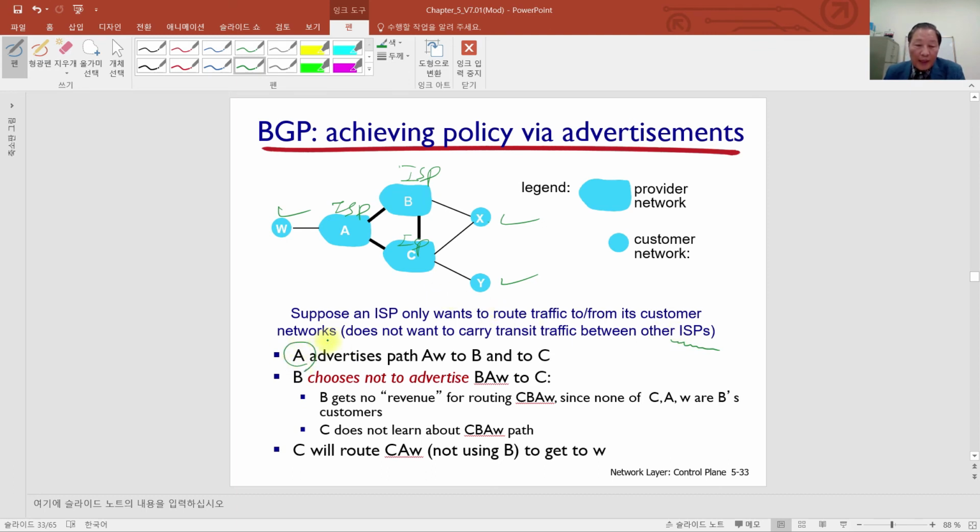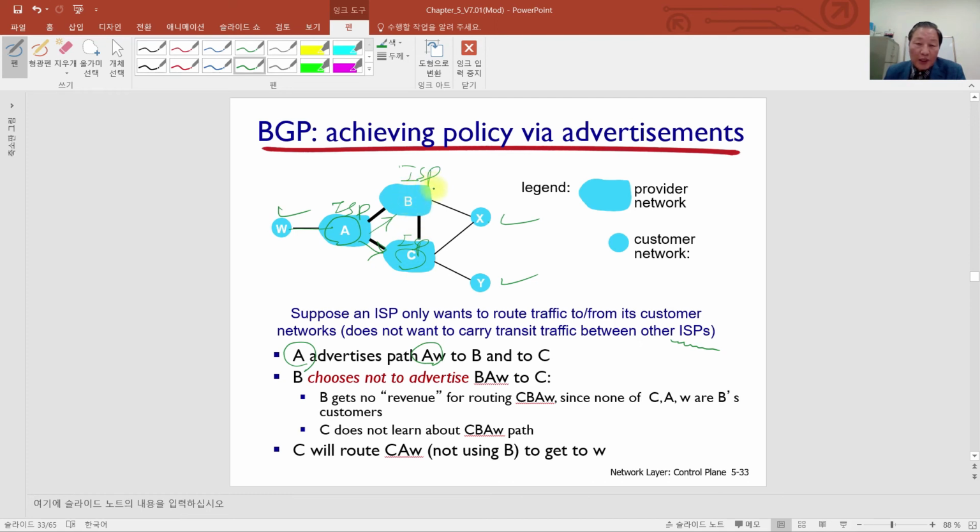For example, A advertises a path, and the W customer network is attached here. Thus AW, that information, is provided to B and C. And B is choosing not to advertise BAW to C because C is a competitor, another internet service provider.